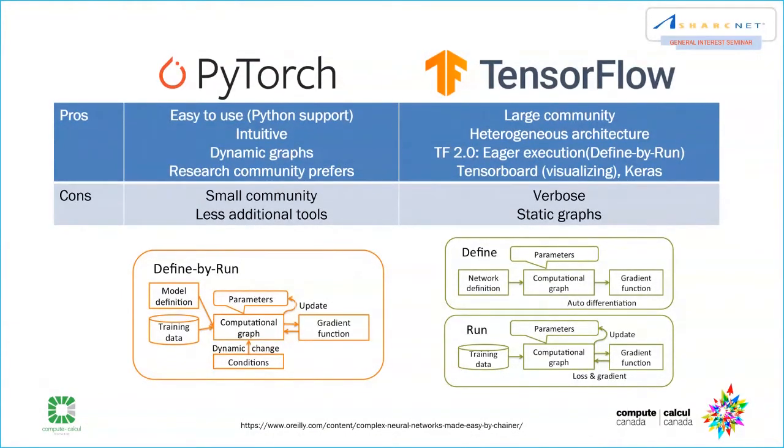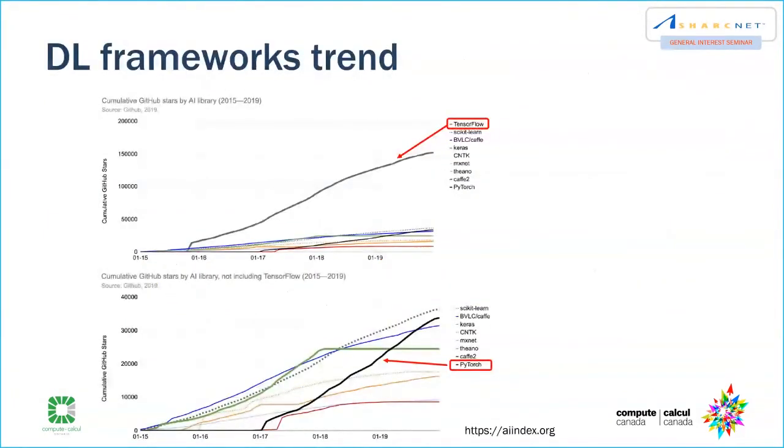Think about what's the kind of difference later. And this is the trend in deep learning frameworks right now, based on GitHub stars. As you see, TensorFlow is absolutely dominant in the number of GitHub stars right now. However, if you look at the others except TensorFlow, PyTorch has actually been growing so rapidly since 2017.